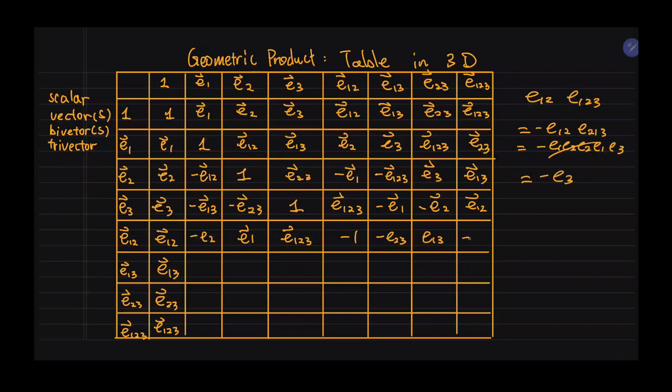And then we have e13 e1, which will be minus e3.